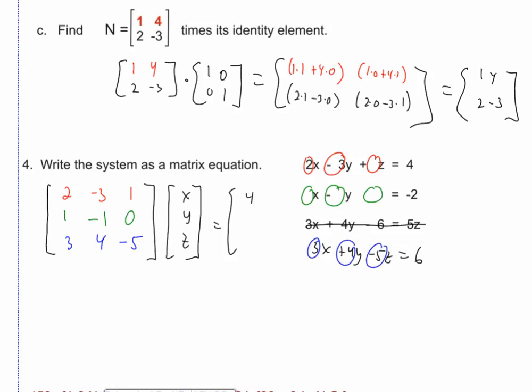Well, you would end up with a 3 by 1, which is simply the solutions to the 3 equations. We wrote the system as a matrix equation. So get everything lined up and just use the coefficients as your first matrix, the variables as your second, and what they equal as the third matrix.